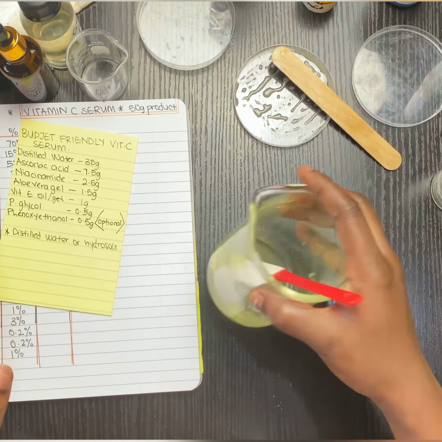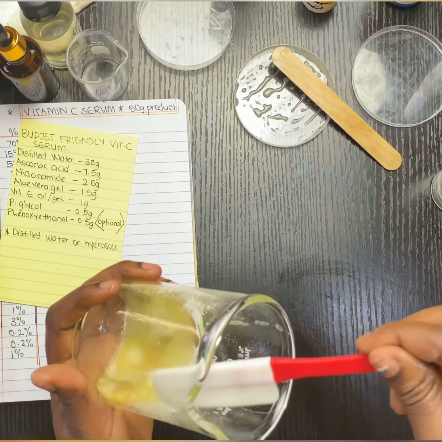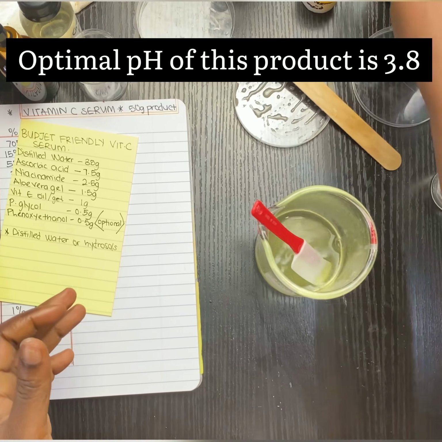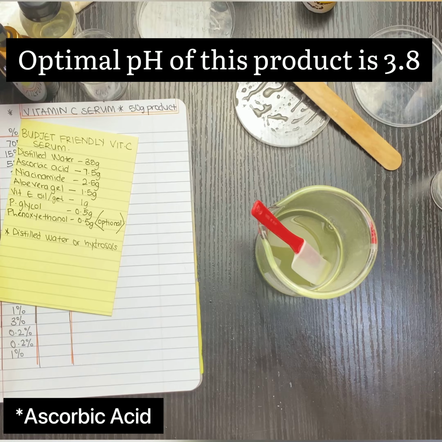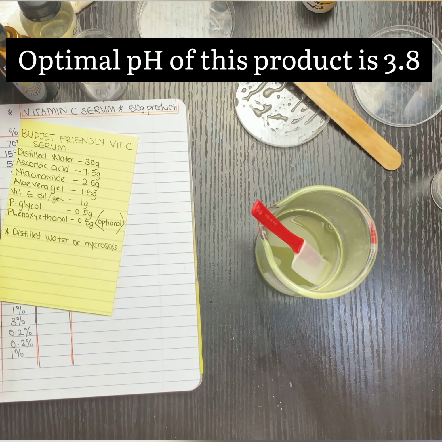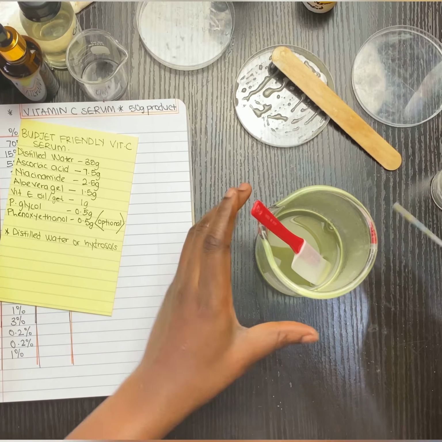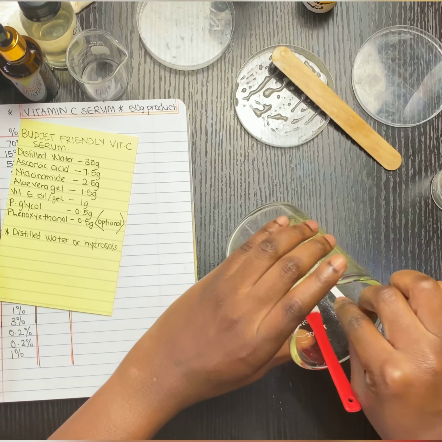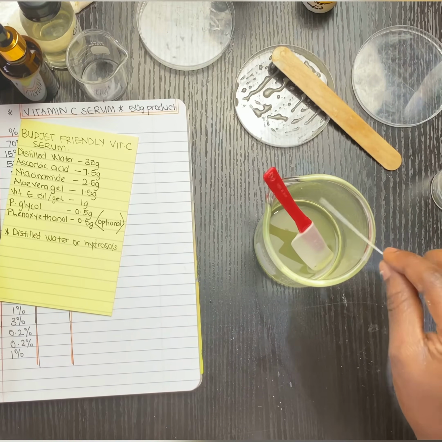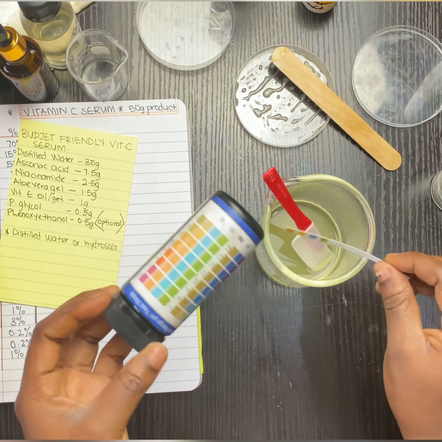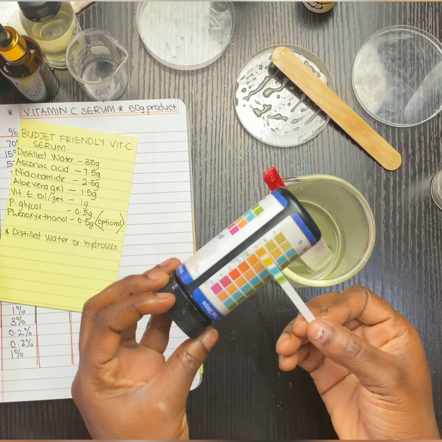Alright, so we finished with that, and we're going to go ahead and check the pH of our formulation. Now, the ideal pH of this formulation, because we want our lactic acid to be very prominent, I would recommend is 3.8. But like I said, some people don't have these tools at home, so let me help you check.